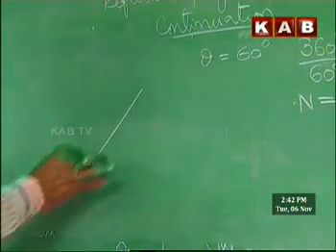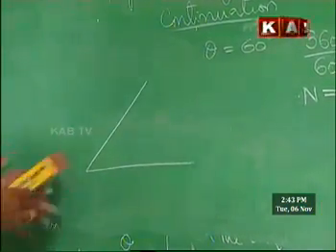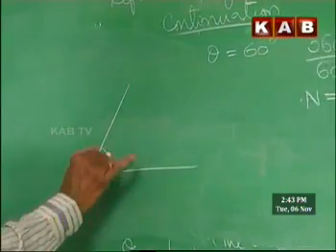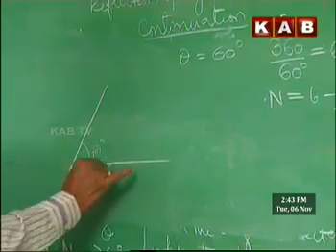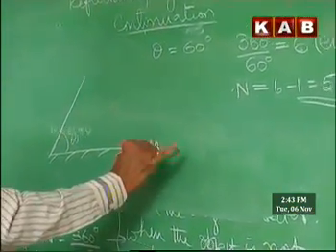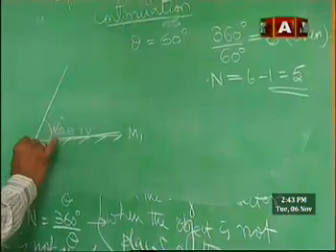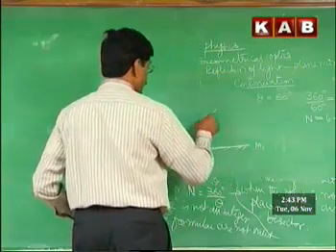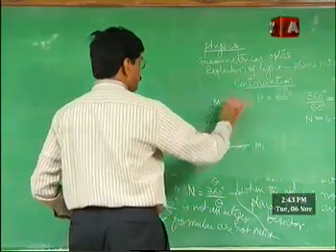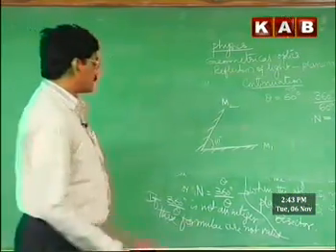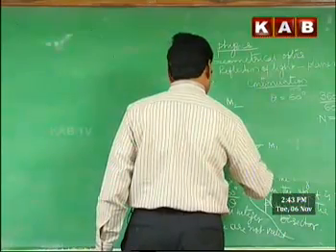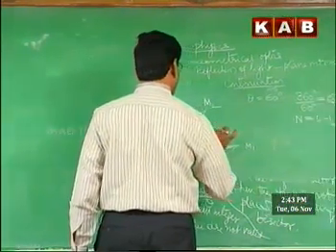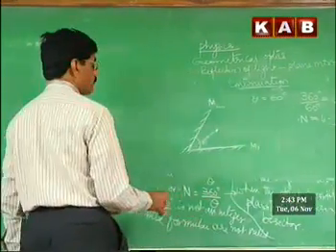Consider 2 mirrors which are inclined at 60 degree angle. Let us assume that these 2 mirrors are M1 and M2, making an angle 60 degree with each other. Now let us consider an object placed on the angle bisector.